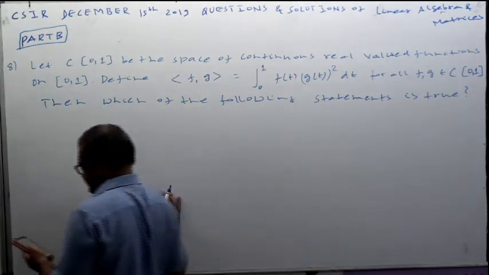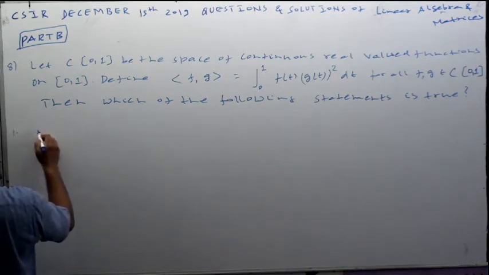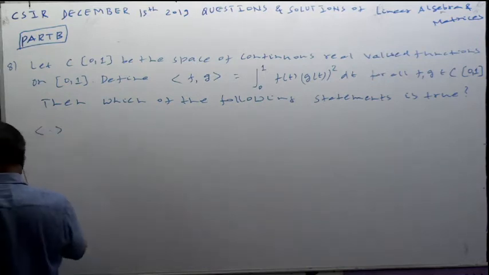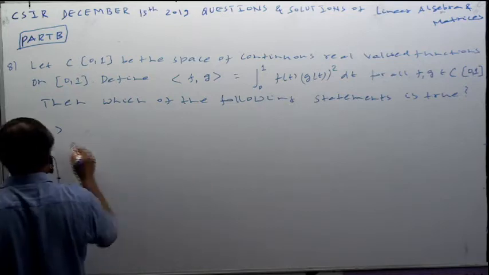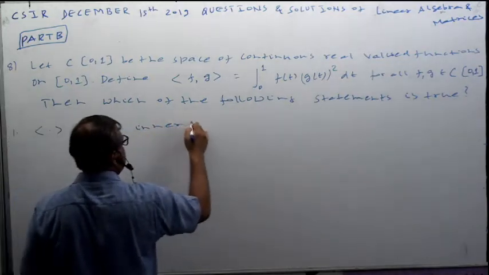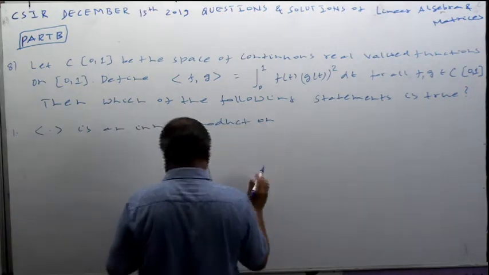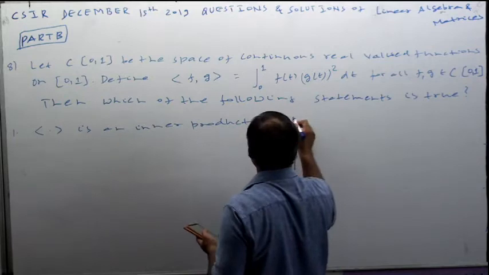Number 1, this is an inner product on C[0,1].